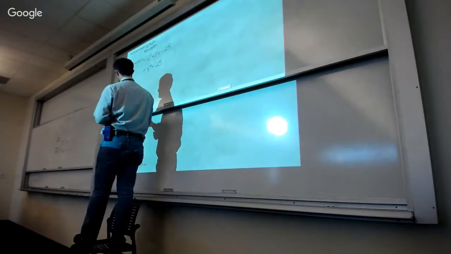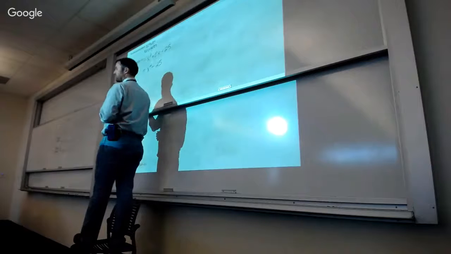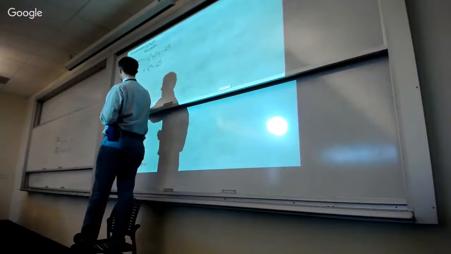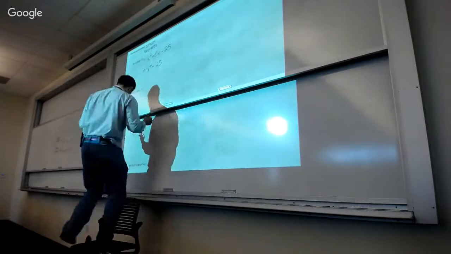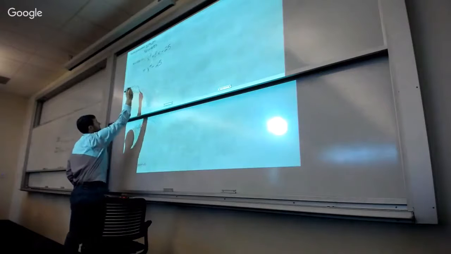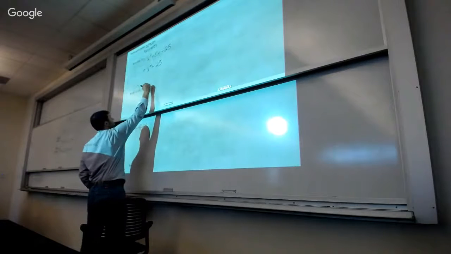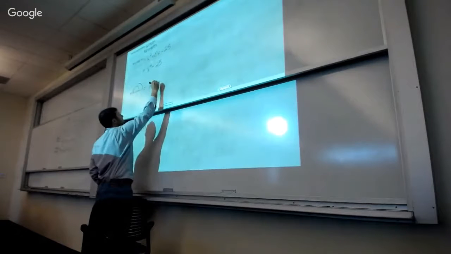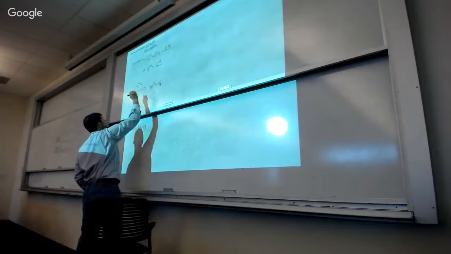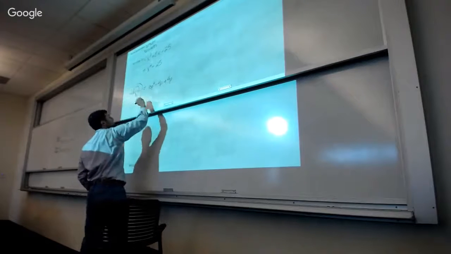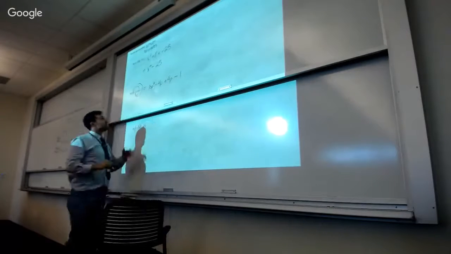Let's try that again. Let's do 4p plus 1 times 4p minus 1. Can we do the sum product rule? No, because of the 4 on the p. So instead you just FOIL it out. So let's see. First, that would be 16p squared, outer minus 4p, inner plus 4p, and last minus 1.